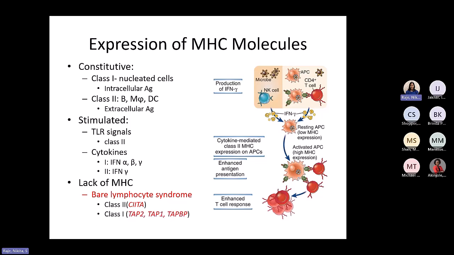If class 1 is defective, such as in defects in TAP1, TAP2, or TAP binding protein, TAPBP, if those genes are affected, class 1 MHC may be missing.